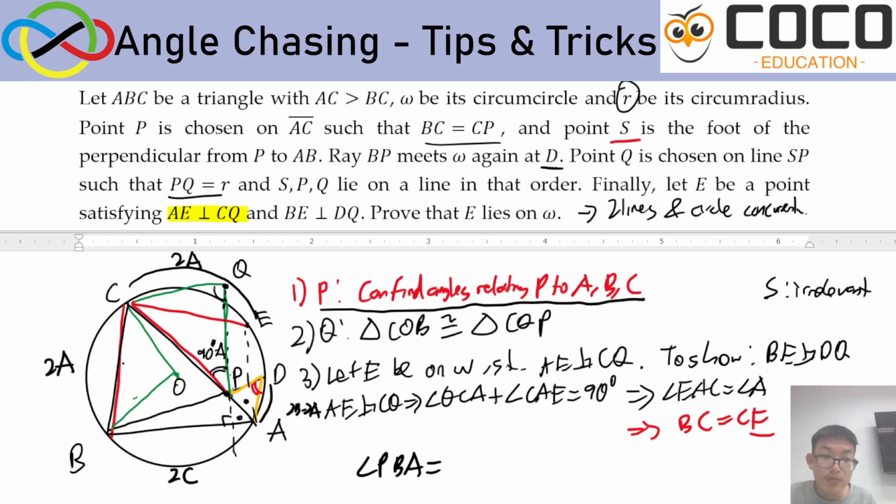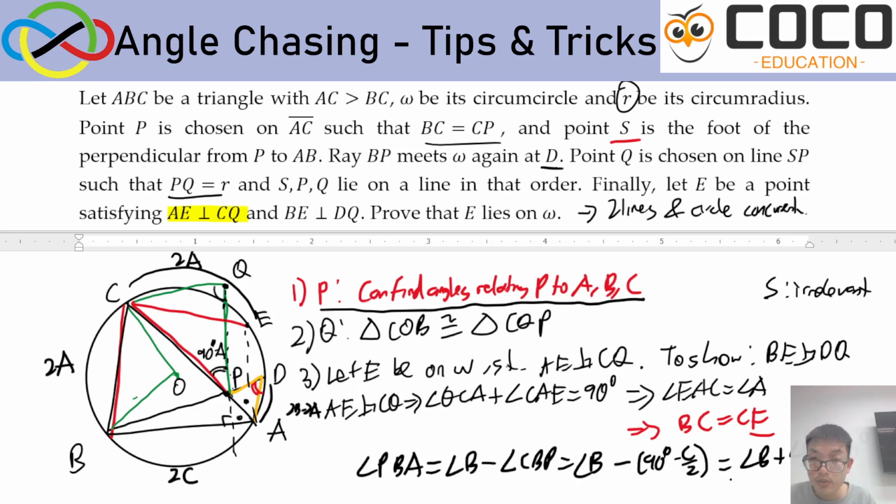PBA, which we probably had written at some point just now, is B minus angle CBP, which is B minus CBP is 90 minus C over 2, which is B plus C over 2 minus 90, and 90 is actually A over 2 plus B over 2 plus C over 2. So this would be B over 2 minus A over 2, and so the arc would be just B minus A.